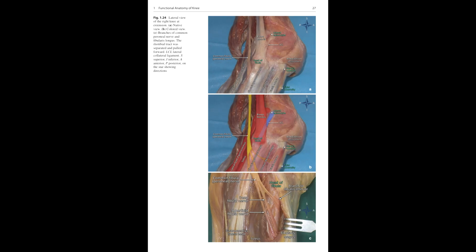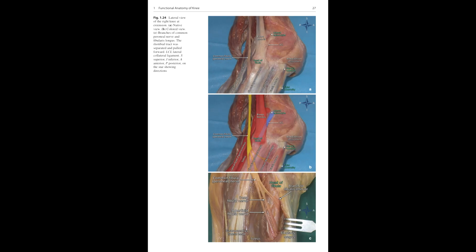Panel B, Color Dissection. In the second image, the same relationships are emphasized in color. The lateral collateral ligament is shown as a distinct band extending from the lateral epicondyle to the fibular head. The biceps femoris tendon is highlighted as it inserts posteriorly. The common fibular nerve is clearly visible running across, reminding us again of its surgical and clinical importance.